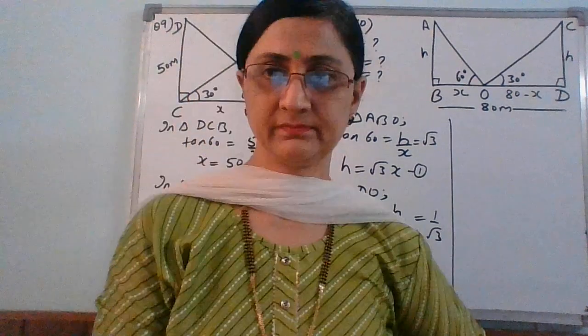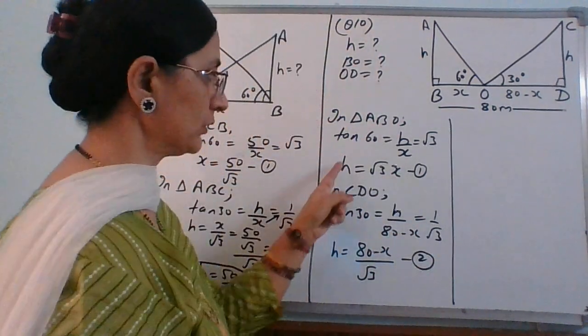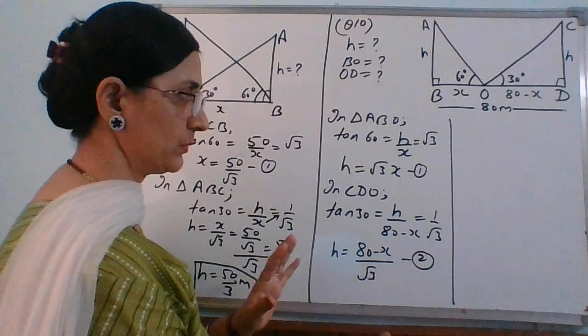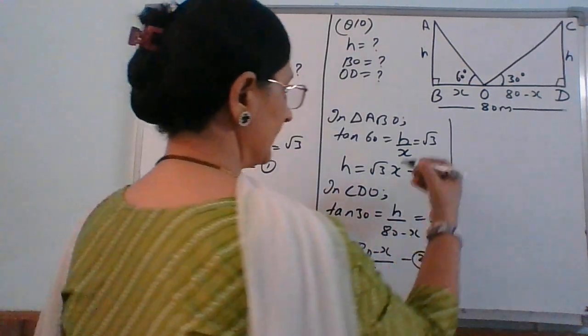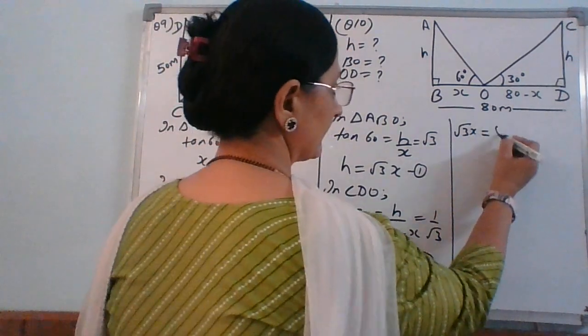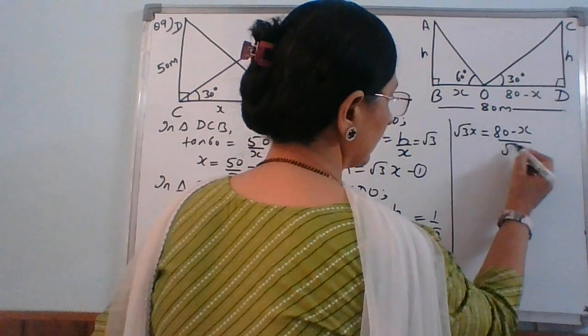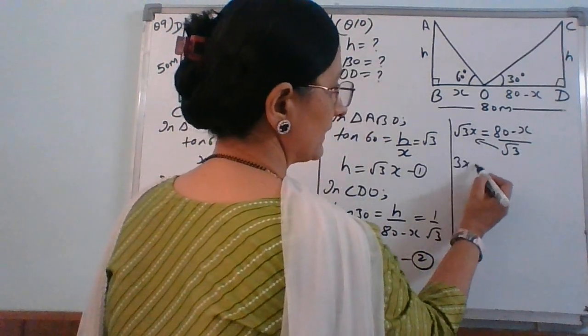Then we have two equations, here also h, here also h. Let us equate 1 and 2, or substitute the value of h here as you wish. If we equate them, this h and this h, we can find out x, right? Cross multiply, √3 becomes 3x, right?